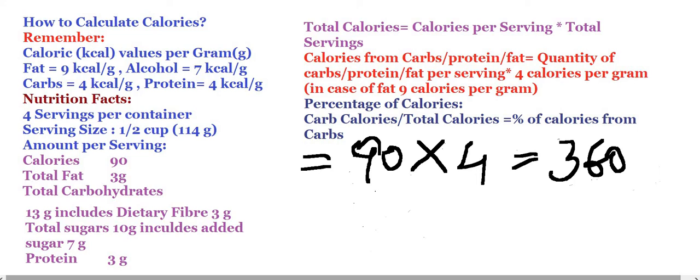Now, if I have to calculate calories from carbs or protein or fat, how do I go about it? First, for calories from carbs, I will do it like this: quantity of carbs multiplied by 4 calories per gram.